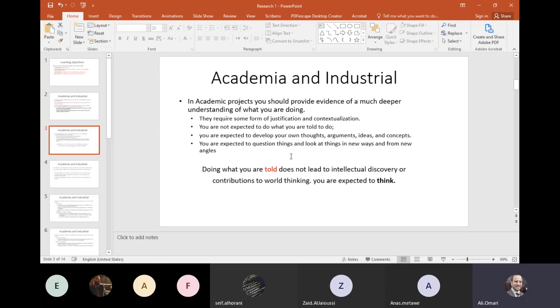Doing what you are told does not lead to intellectual discovery or contribution to world thinking. ماشي يعني لما انه الون فيرست لاين مانجر بقول لك اعمل هيك، ما فيش داعي تفكر، ما فيش intellectuality. You are not being asked to think. بس in the academia you are expected to think.